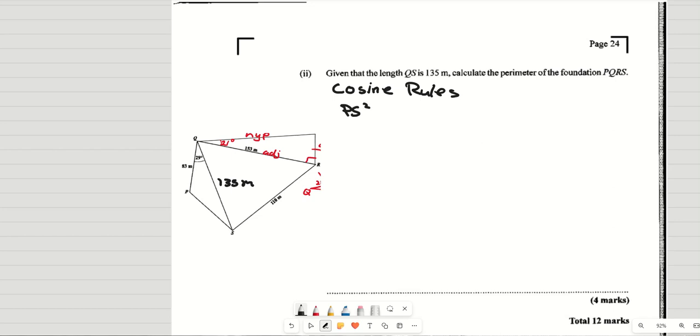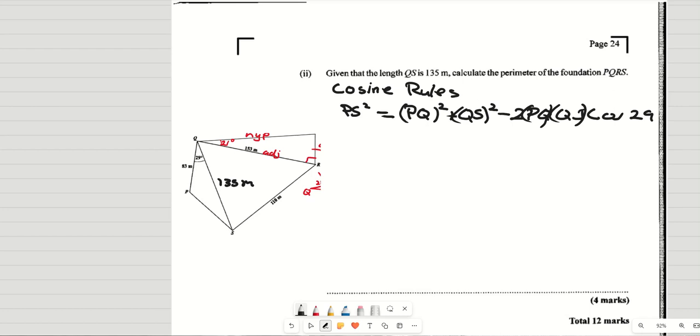So PS squared is equal to the other side squared, which is PQ squared, plus QS squared, minus 2 PQ QS cos 29, whatever the angle.